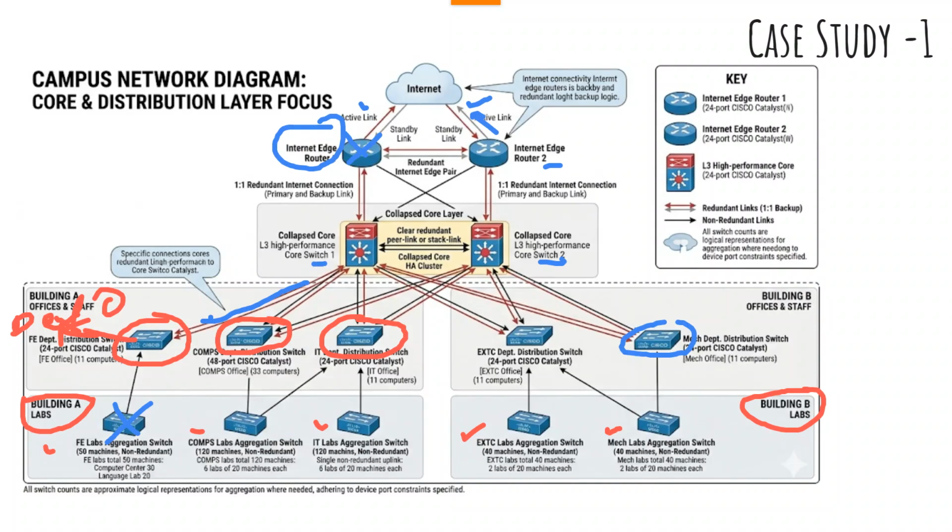Now what does this mean? Suppose my core switch 1 fails, this switch will still be able to communicate to the internet via core switch 2. So if switch 1 fails, switch 2 takes over, and automatically it will work fine. So the redundancy is properly taken care of.